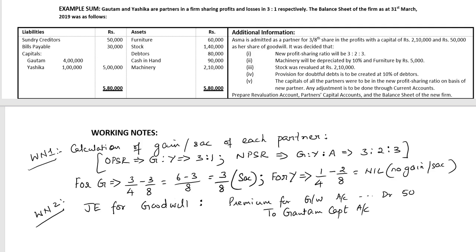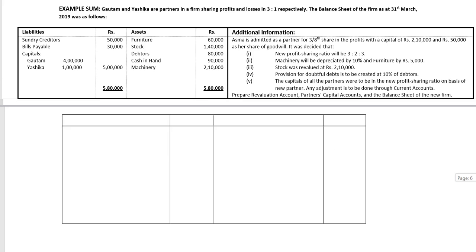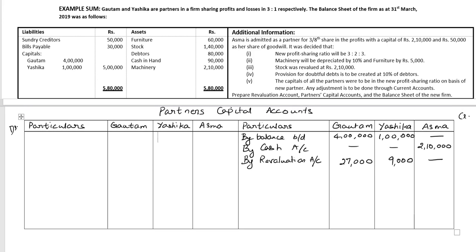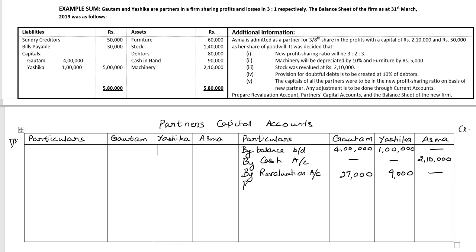The entire 50,000 Asma share of goodwill goes to Gautam. So let's insert this in the partner's capital accounts. By premium for goodwill account, 50,000 against Gautam.